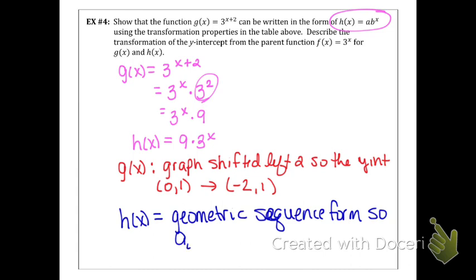So a sub 0 is equal to 9, which means you had the ordered pair 0, 9 is the y-intercept. And that is the end of lesson 4A.